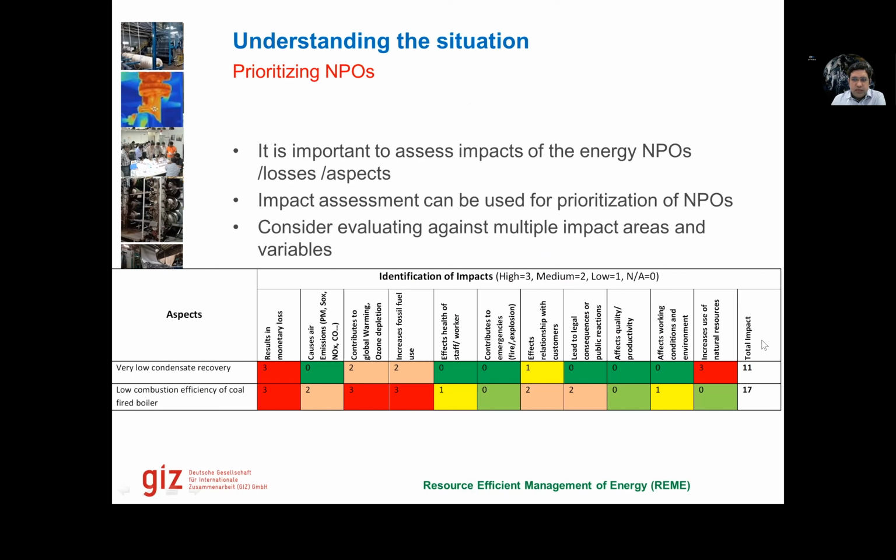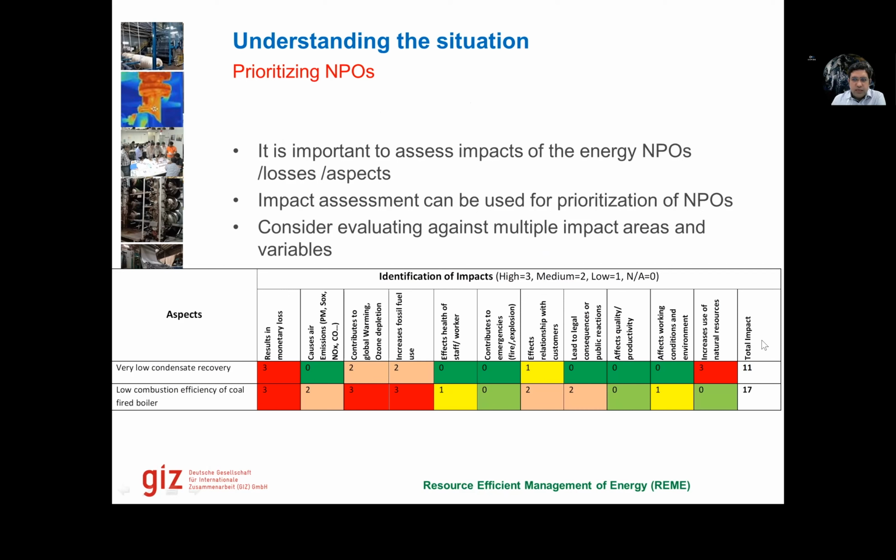And then, affects quality or productivity, or affects working conditions or environment. For example, low combustion efficiency of coal might affect working conditions as well, because it is emitting high pollutants, which would also cause ambient air depletion. So it might affect the working environment as well. Then, increased use of natural resources. Is it increasing the use of natural resources or not, for example?